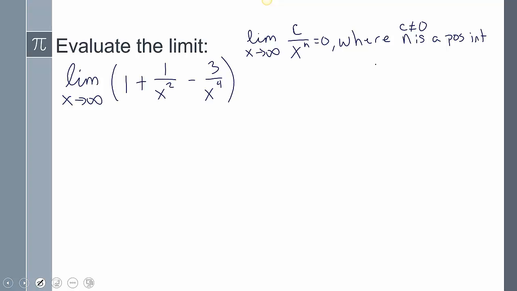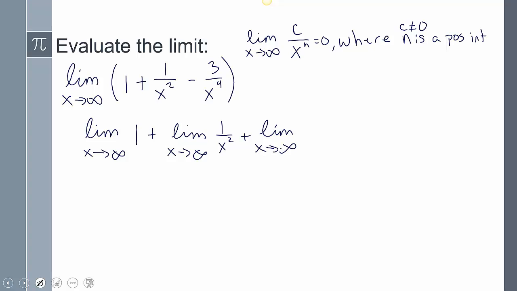This first one says evaluate the limit. As x goes to infinity, we can essentially break this limit up, plus the limit as x goes to infinity of 1 over x squared, plus the limit as x goes to infinity of negative 3 over x to the 4th.